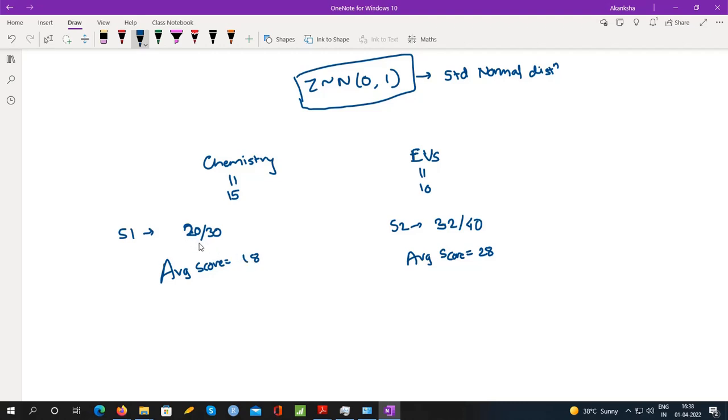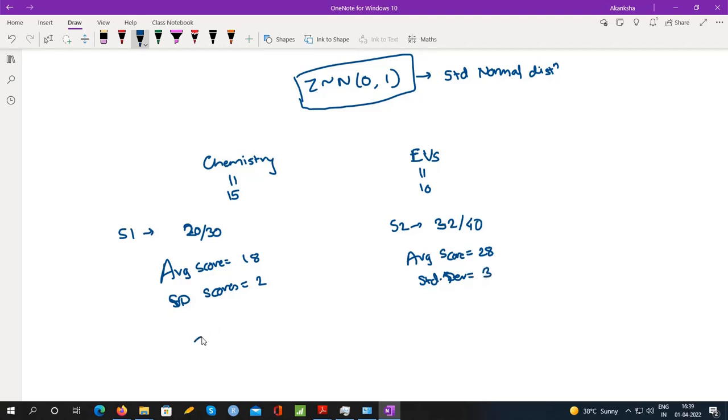Here the person is 2 points above average, here the person is 4 points above average, but that's not directly comparable because totals are different. So then I will get the variance or standard deviation of these scores. Suppose the standard deviation turns out to be 2 here, and 3 here.